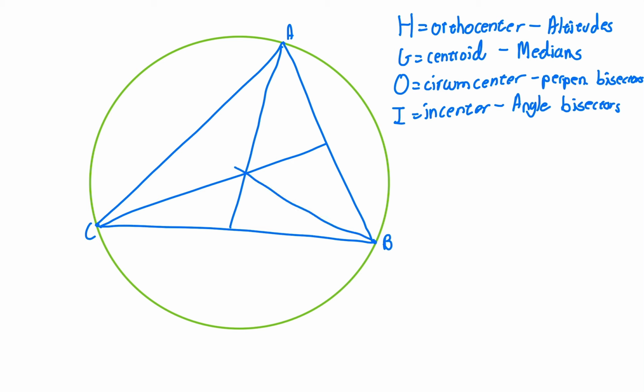Those are the lines that go through the angles, splitting them equally. This picture isn't drawn well, but these angles are supposed to be the same. This one and this one are the same, this one and this one are the same, and this one and this one are the same. Those 3 angle bisectors meet at a point I, which is the incenter.